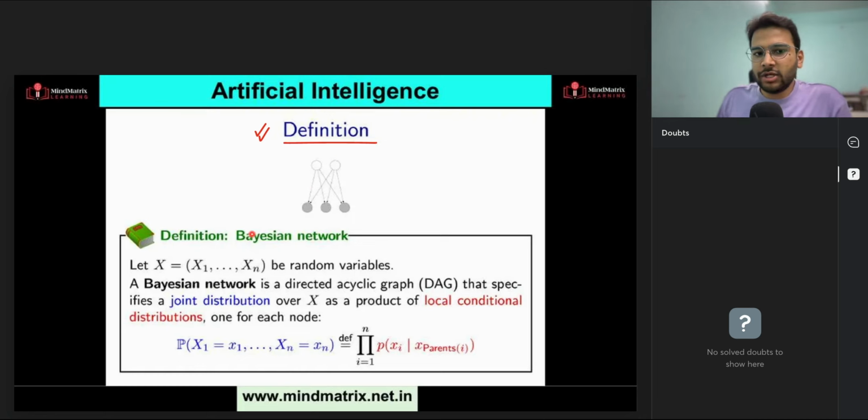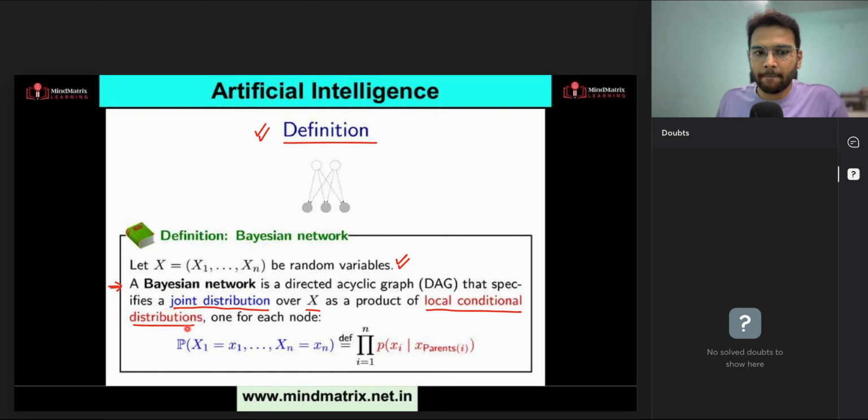The formal definition: let X be a set of random variables, X1, X2, up to Xn. A Bayesian network is a directed acyclic graph that specifies a joint distribution over X. How? This is very important: as a product of local conditional distributions.